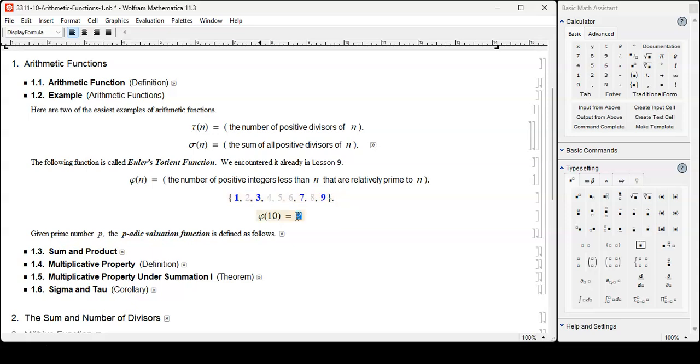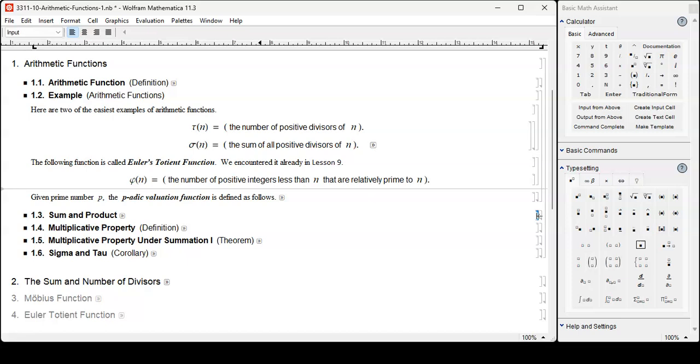So there are 4 such numbers. So that's an example of an arithmetic function, and phi of n is probably the most important of the bunch, Euler's totient function.